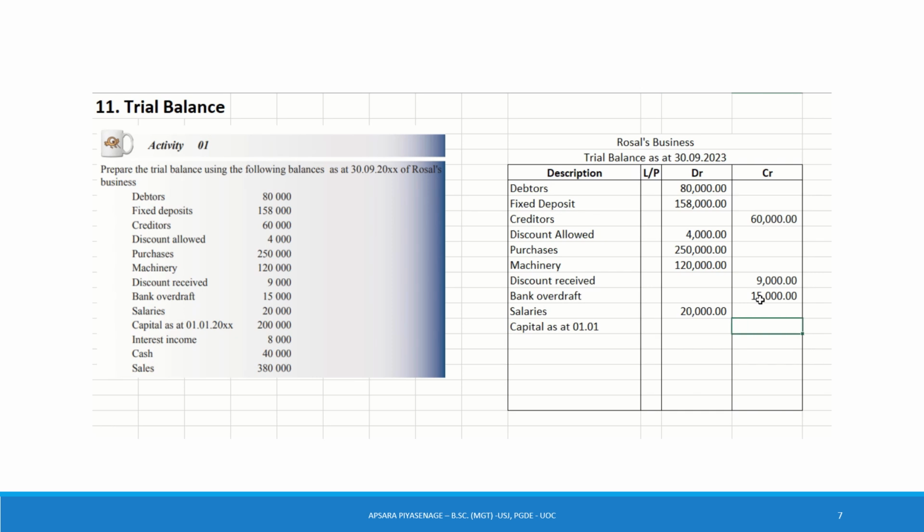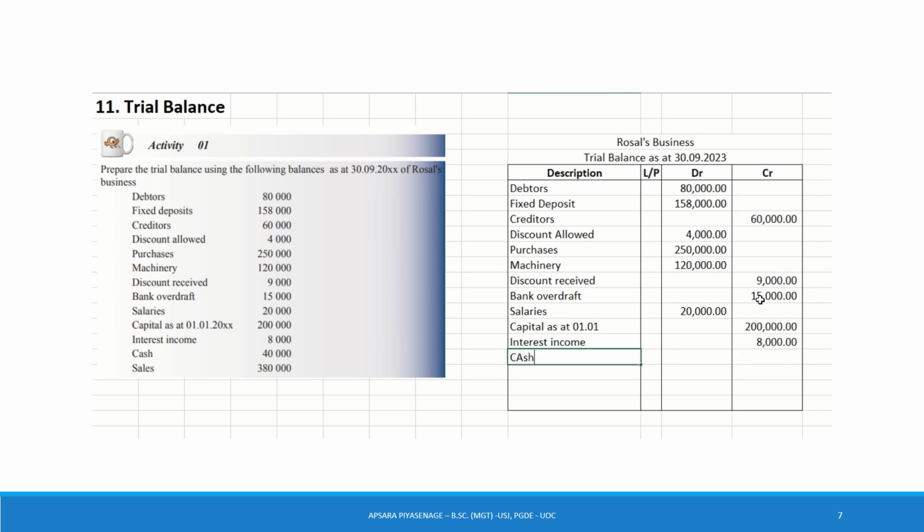Capital has a credit balance. It comes under equity. Then interest income. If it is an income, it should go to the credit column. 8,000.